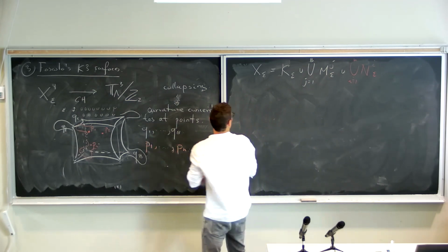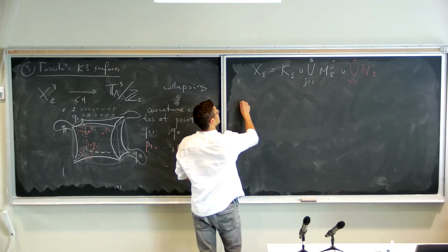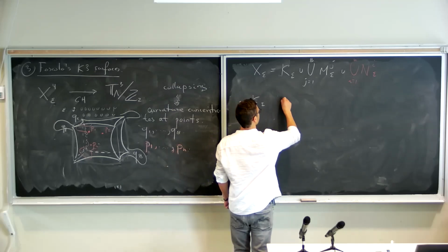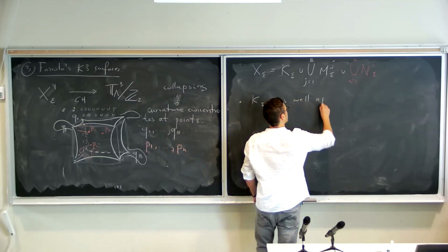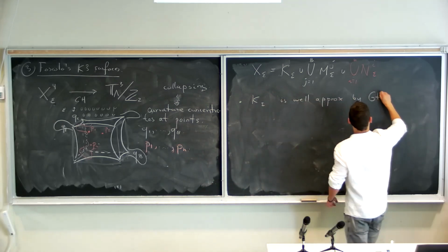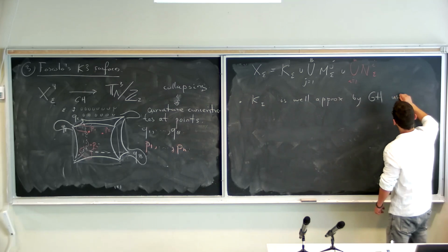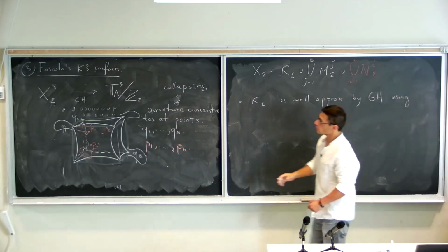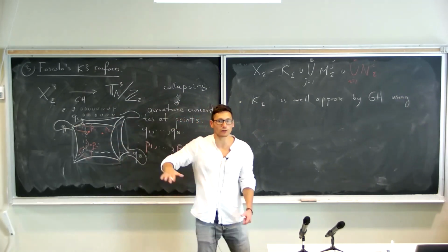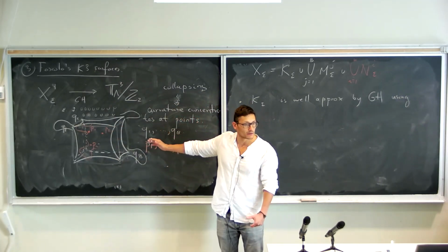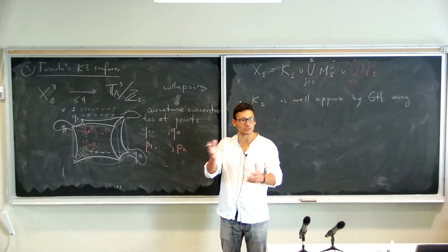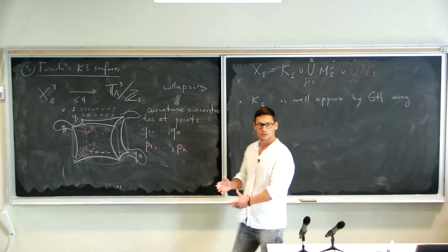And so this has the property that in K epsilon, the metric is well approximated by the Gibbons-Hawking ansatz that I described to you, but using now the electric potential on the 3 torus, not on R3, on the 3 torus. But of course, you need to have some negative charges somewhere, because in a compact manifold, you need to have as many positive charges as negative charges.